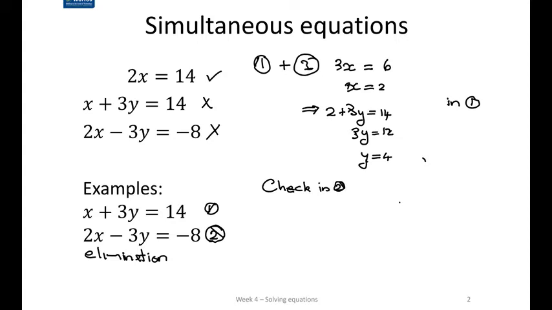So in 2, 2 times 2 minus 3 times 4 is 4 minus 12, that's equal to negative 8, and that's correct. So we are eliminating one of the variables, solving for the one that we didn't eliminate, then we check in the other.